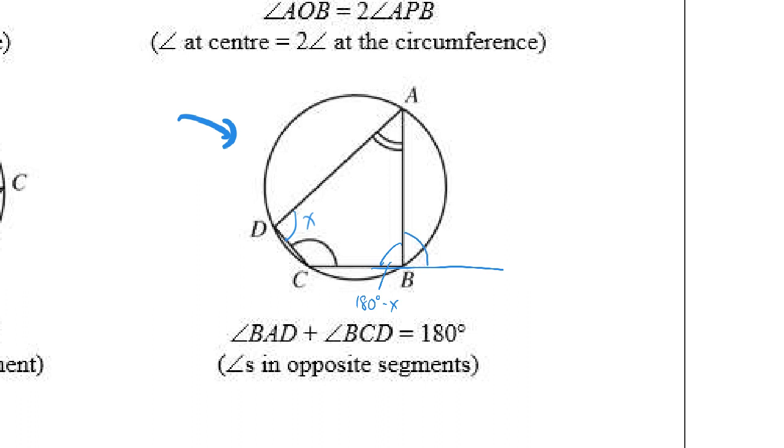Therefore, the angle that stretches from here has to be X. We call it the exterior angle of a cyclic quad. So the two angles are the same.